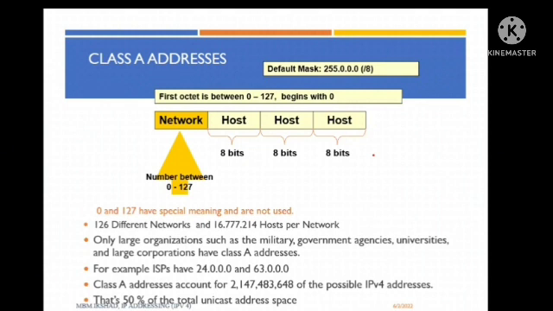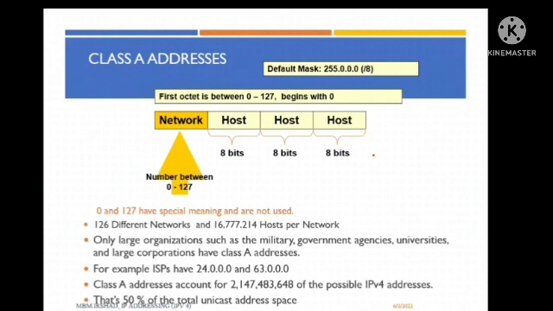Okay. If you look at class A addresses in detail, you can read these slides. As usual, each IP address will have four octets.